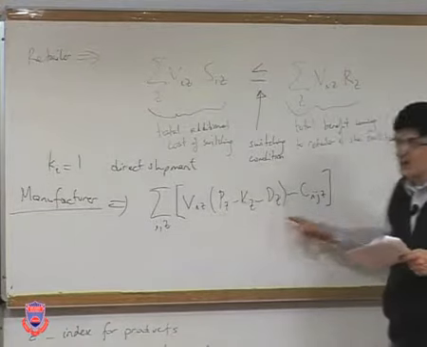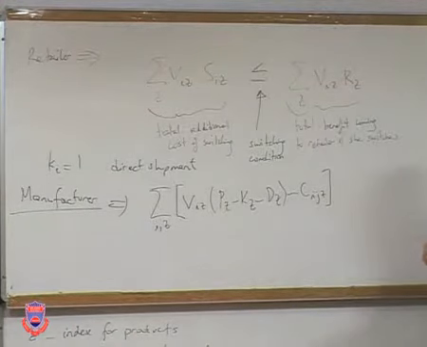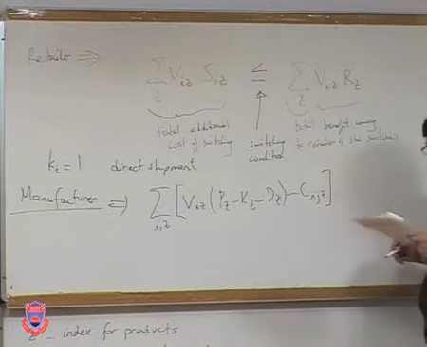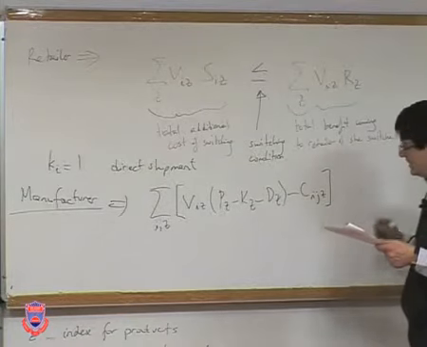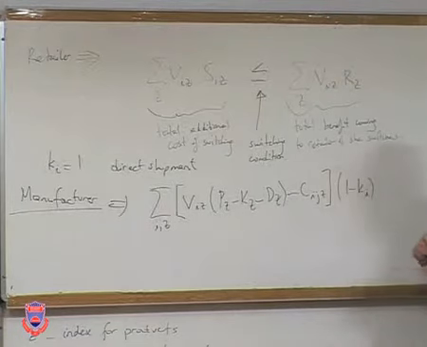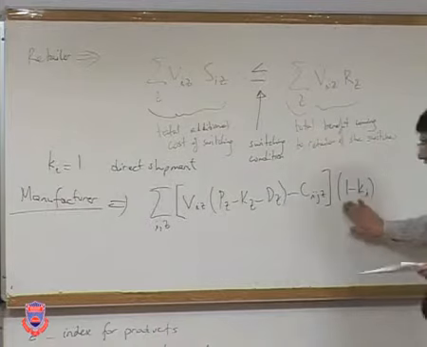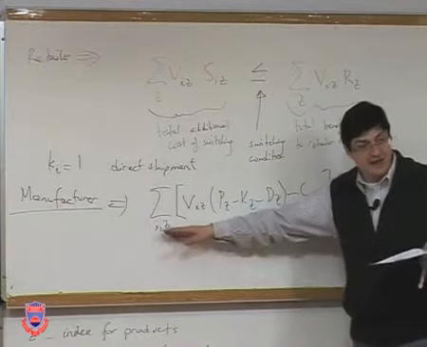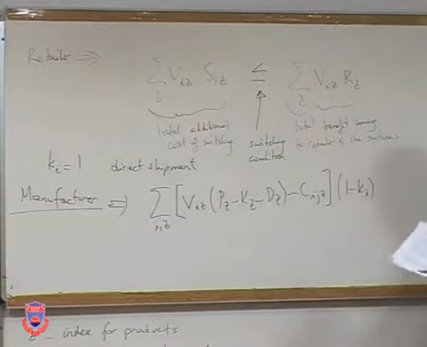Now this is the cost if I do not switch. So I'm going to multiply this with 1 minus K sub i. In other words, if K sub i is equal to 1, for that specific i, this is going to be 0. Otherwise, it will be 1.